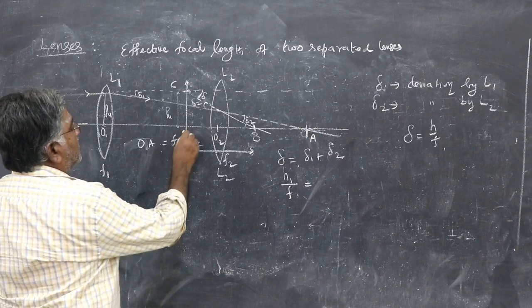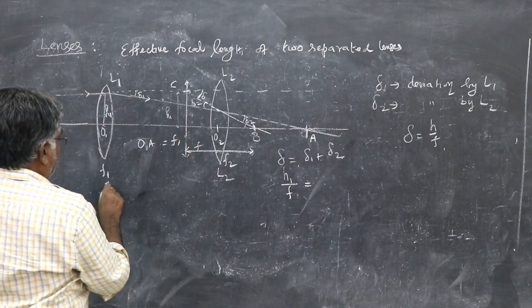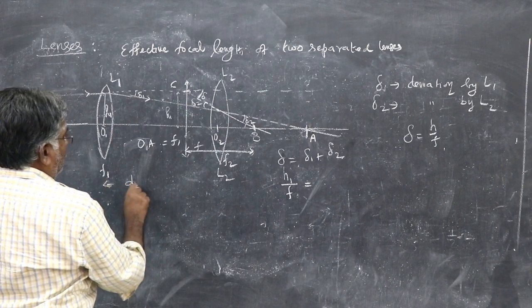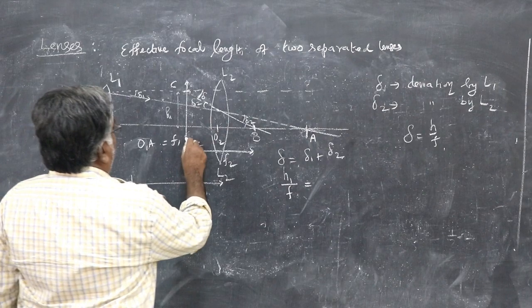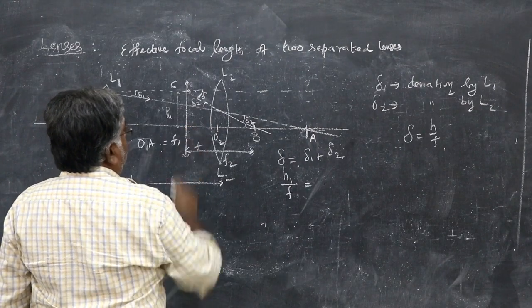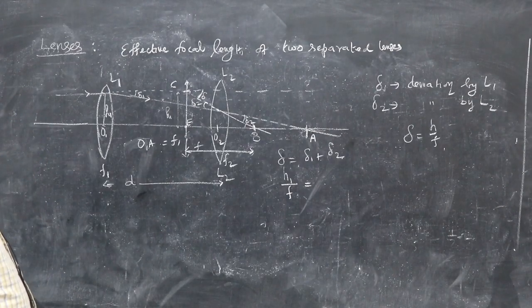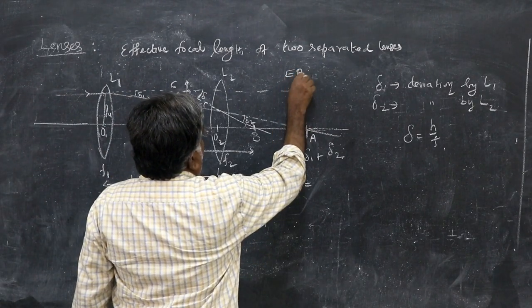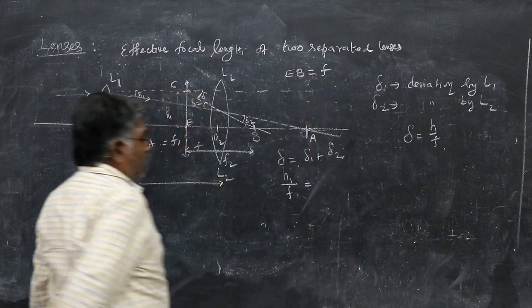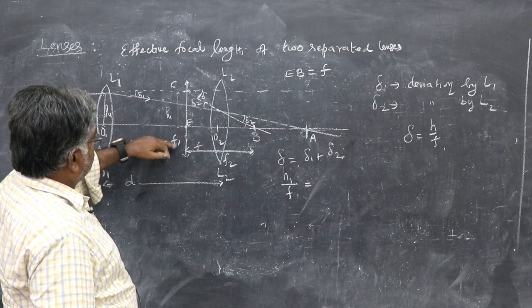The two lenses are separated by a distance d, and you consider this as, say, E. EB is the effective focal length. So h1, imagine there is a lens placed.